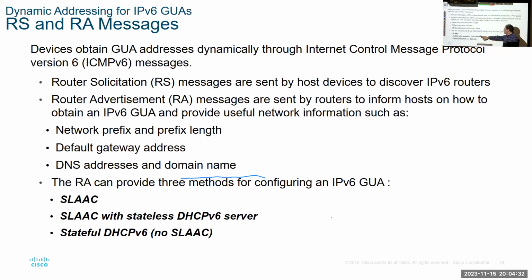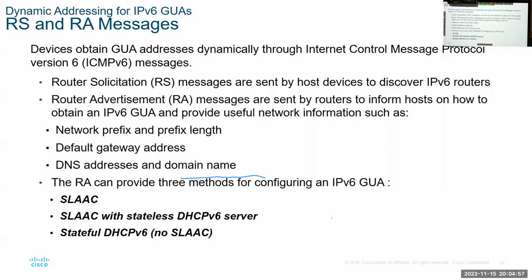So it still doesn't keep track or have a database full of addresses when that method is used. The DHCP server is only used for those additional addresses like the DNS, domain name, and maybe some other types of addresses that you need to configure on your client devices.